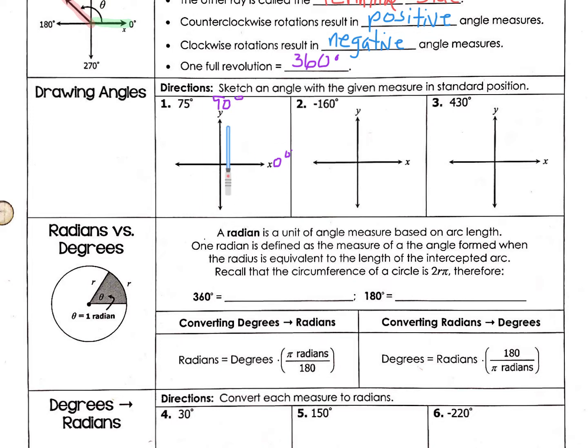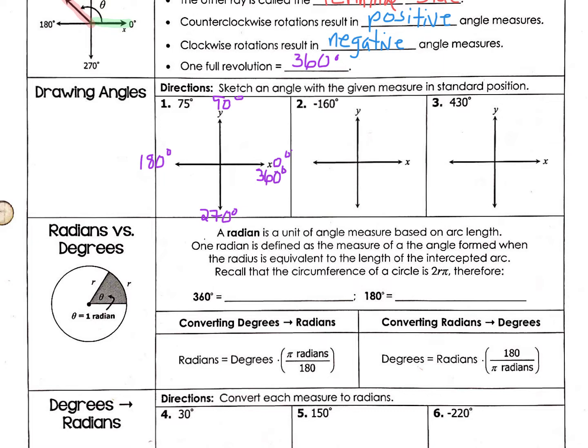And then from here to here is 180 degrees because that's halfway around the circle. And then if I go from here all the way to here, that is 270 degrees, and that is 3/4 of the way around the circle. And then finally, if I travel all the way around the circle back up here to standard position, where we have 0 is also where we have 360 degrees.